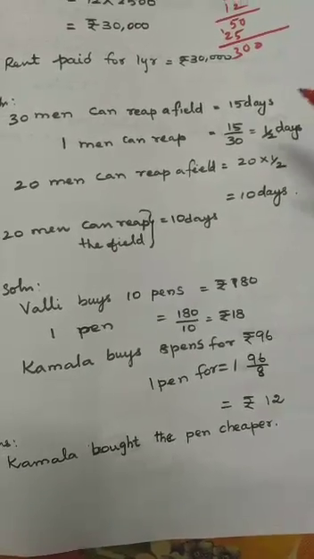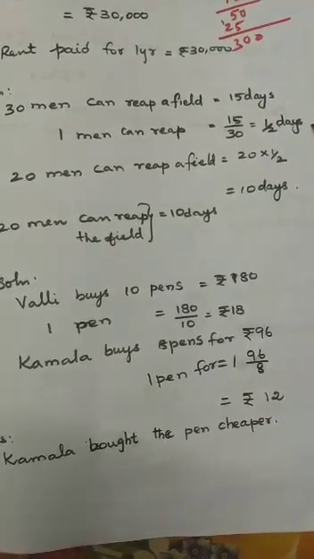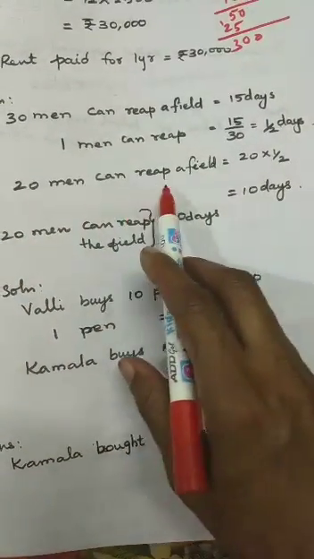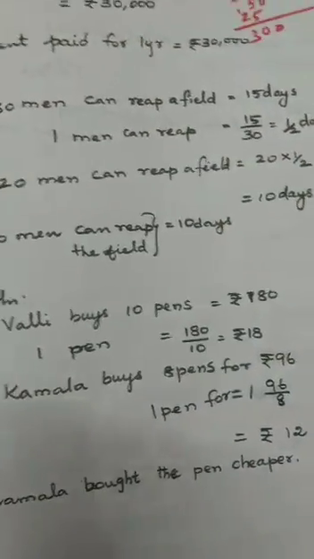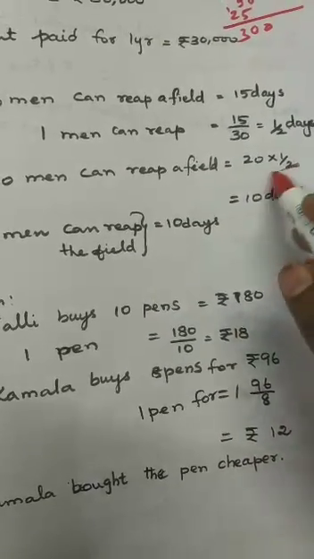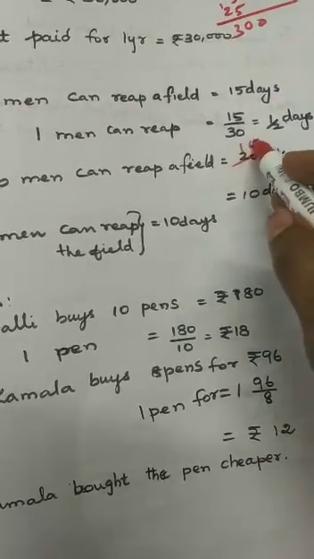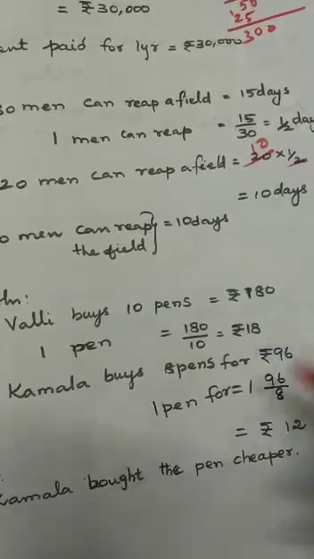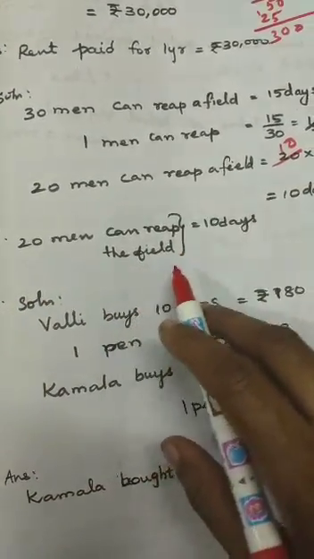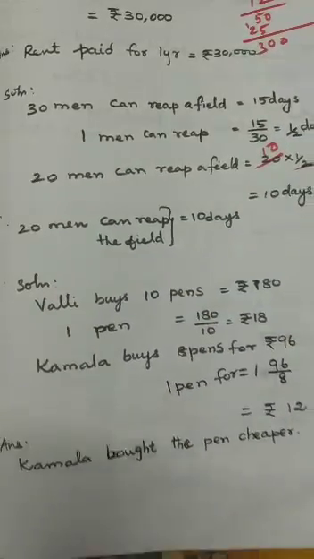If 1 man works for half day, 20 men can reap a field in how many days you have to find. That is 20 into half. Cancel 2 and 20. It will come as 10. Okay, 10 days. So 20 men can reap the field in 10 days.